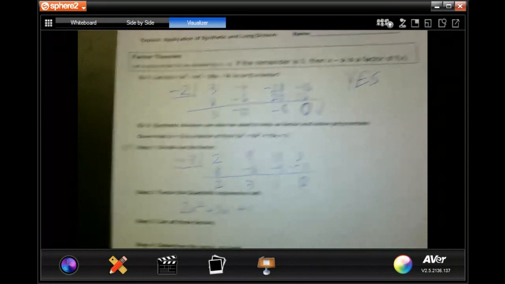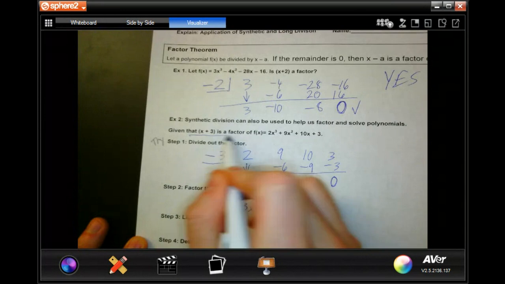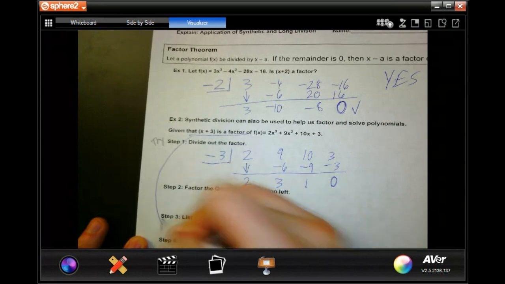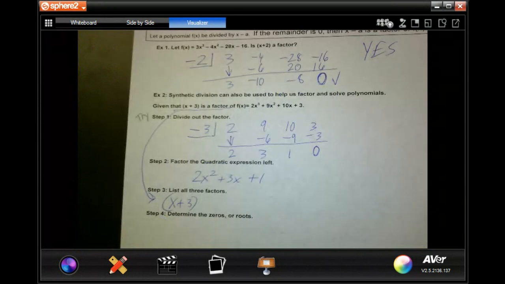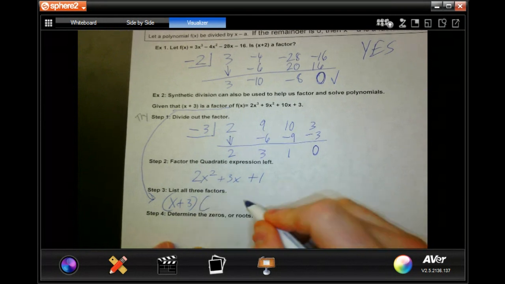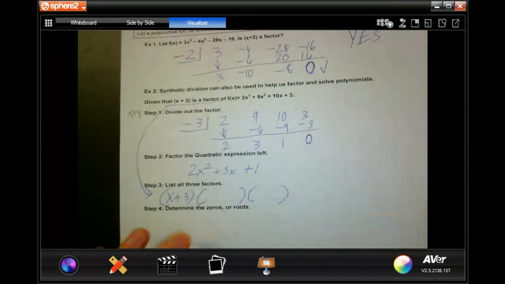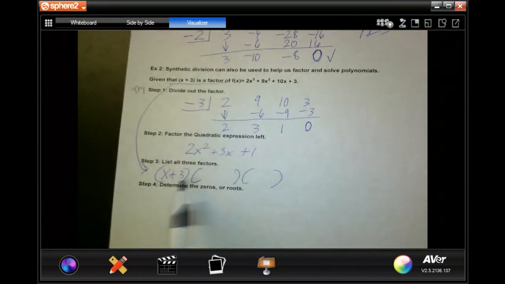Given that x plus 3 is a factor, you could have jumped right down to here and put x plus 3 as a factor. Now, you guys need to factor this quadratic expression. Let's see who's the fastest factor in the land. What are the other 2 factors of this cubic? There should be 3 factors.